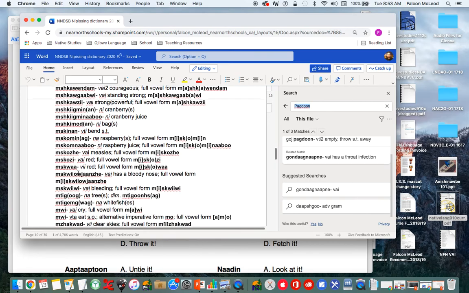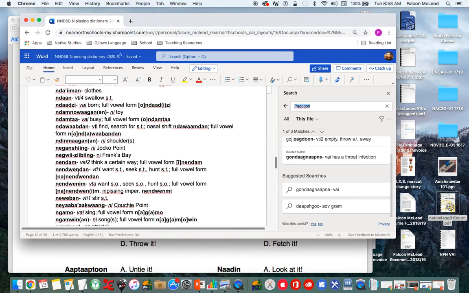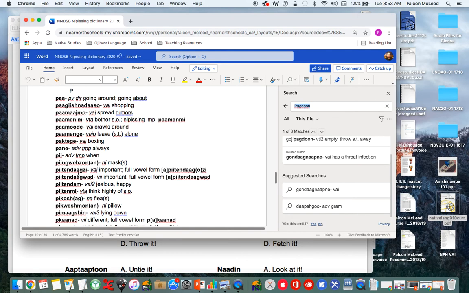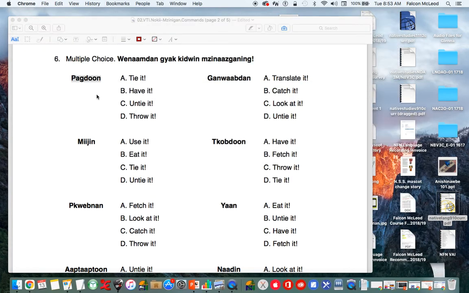Why is that? Oh, I guess I didn't put it in the dictionary here. So pugdone means throw it. All right, so let's throw it right there. So you're just highlighting the answer there, and I'll leave the rest of these for you guys to do.